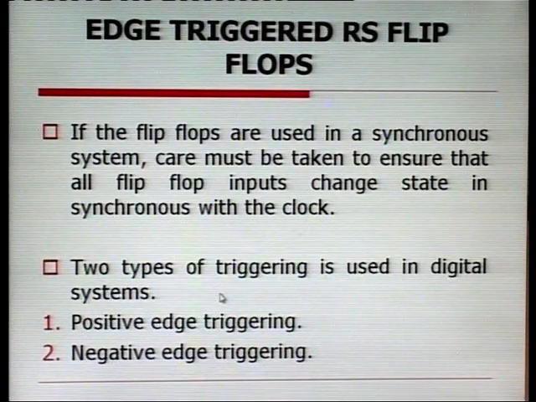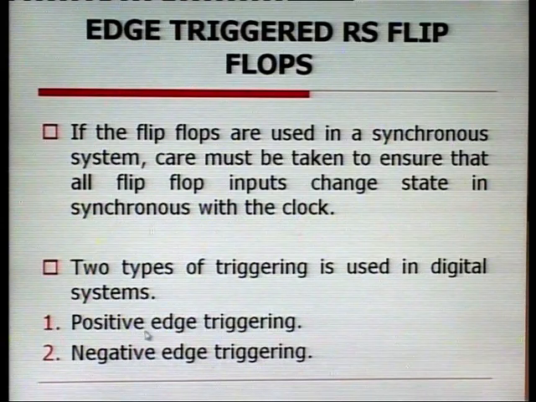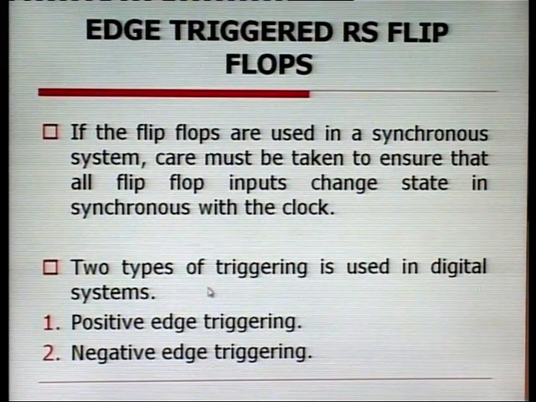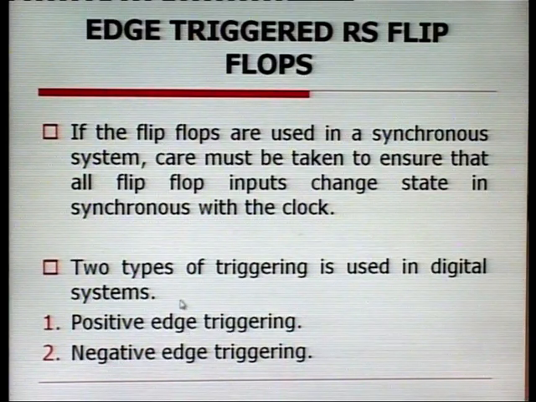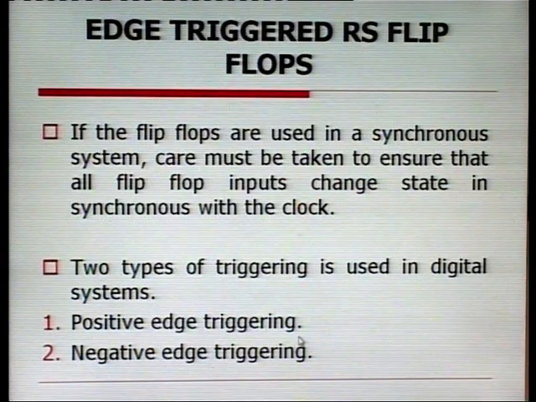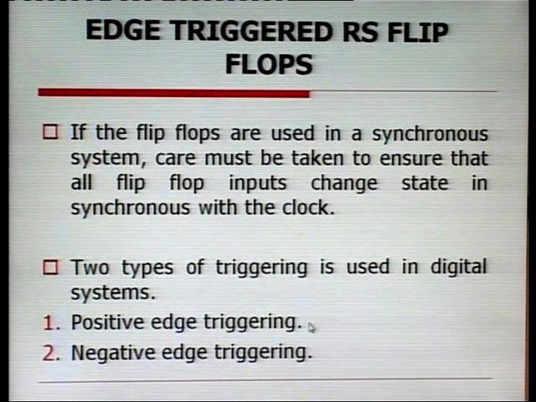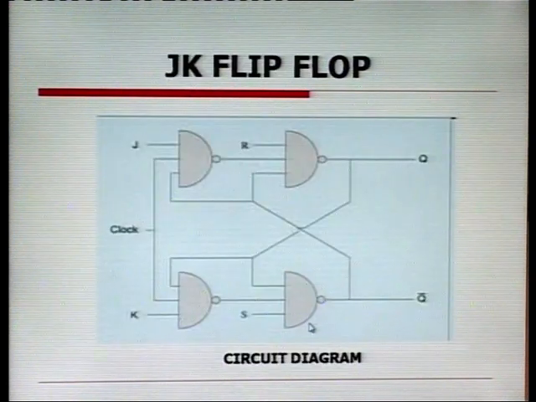When the clock signal changes its state from low to high, that edge is called the positive edge, and when the clock signal changes its state from logic 1 to logic 0, that edge is called the negative edge. Depending upon whether the circuit operations take place at the positive edge or the negative edge, we call it positive edge triggering or negative edge triggering.